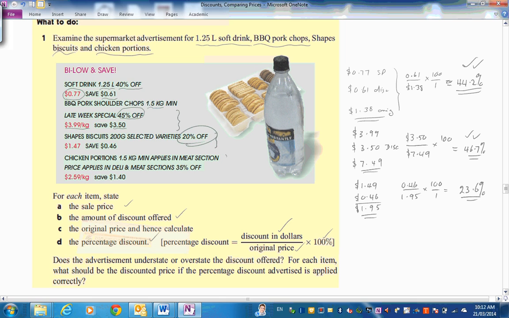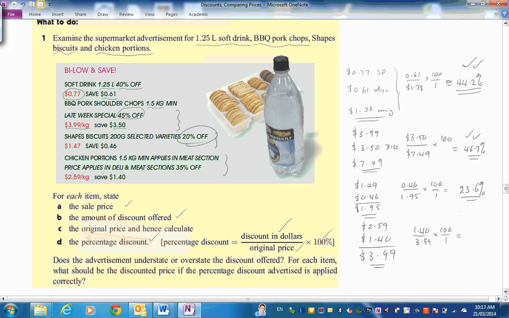Let's do the chicken portions. $2.59 is the new price. Save $1.40, so it was $3.99 originally. So the percentage discount is $1.40 off out of $3.99, times by 100. Have you done it yet?